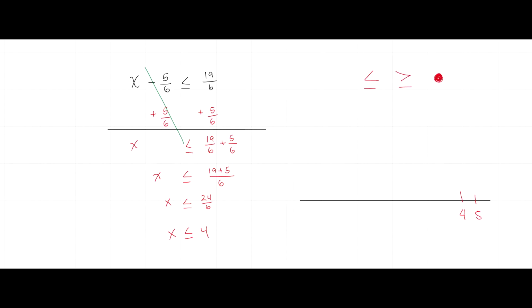If you have less than or greater than, you're going to use an open circle. So for this example, we are going to select the first one. You got to go all the way to your left.